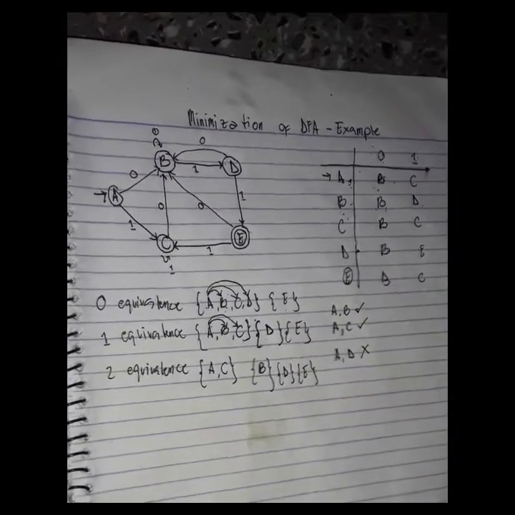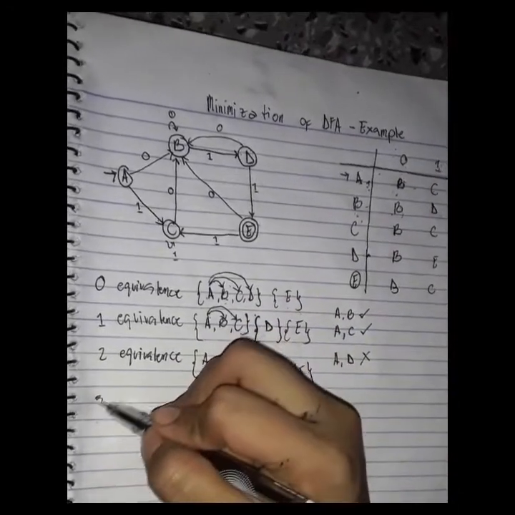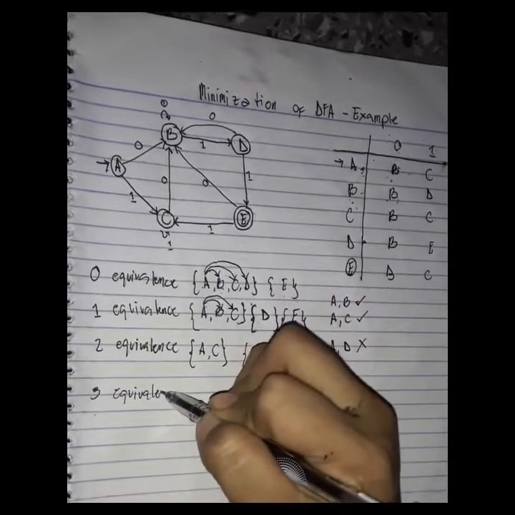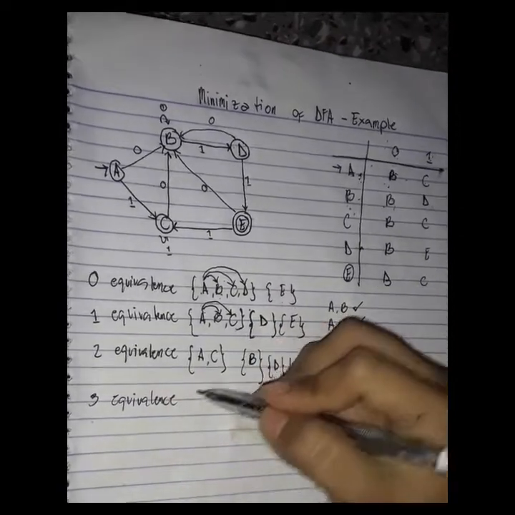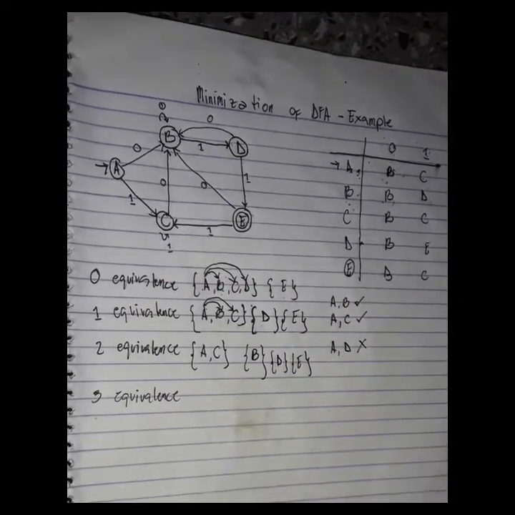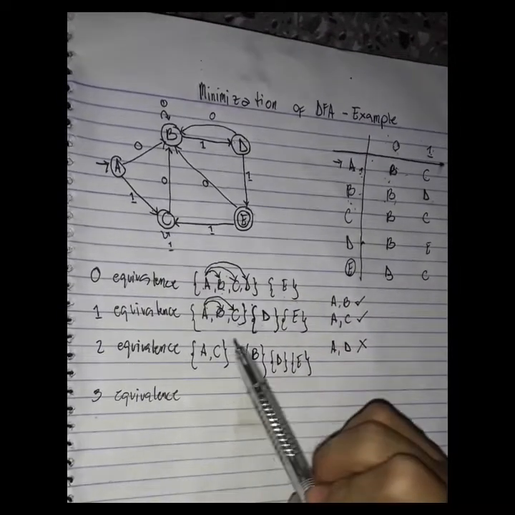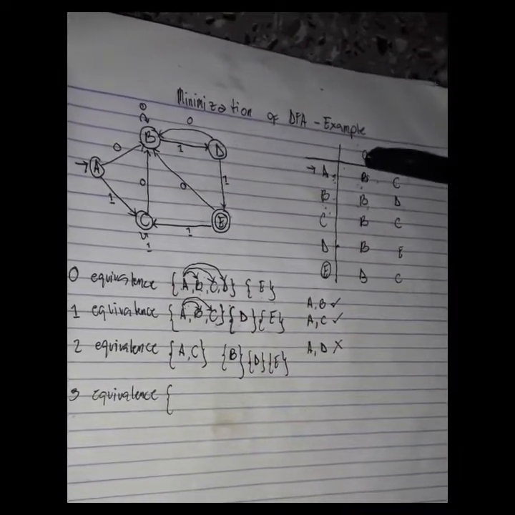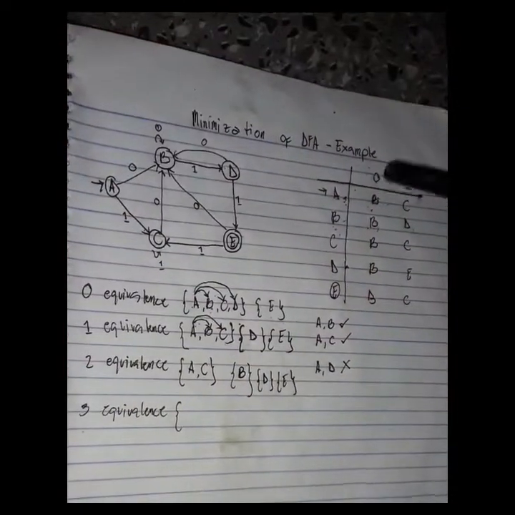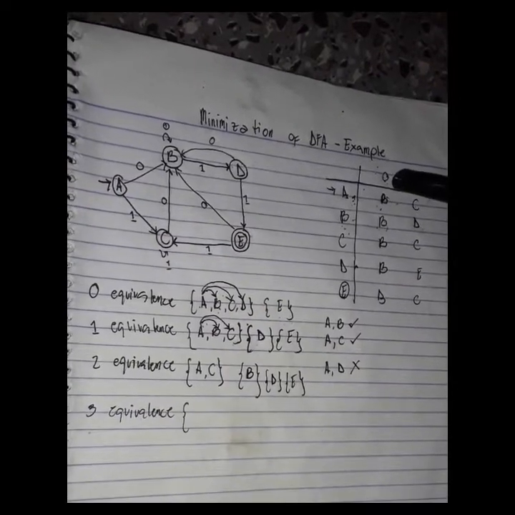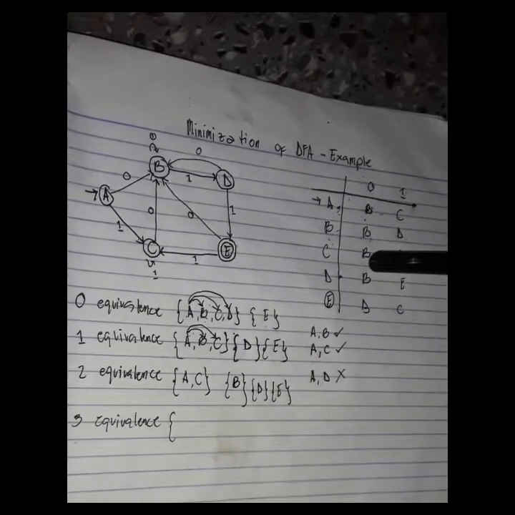So we have to write the third equivalence. So in order to get the third equivalence, you have to check also in second equivalence. So just like this, you have to check for A and C. The zero input of A, it goes to B. The zero input of C goes to B. So check.